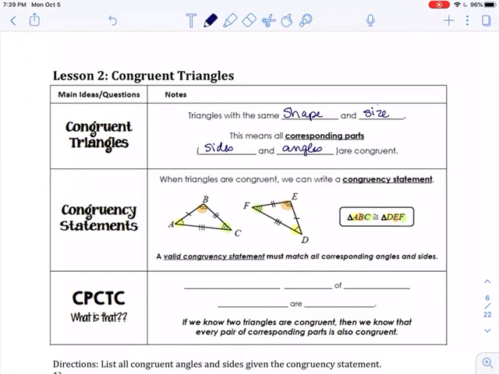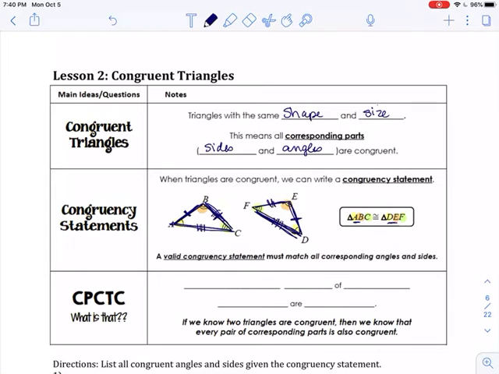So the order of the letters tells us which angles are congruent to which angles and also which sides are congruent to which sides. See how AB has one little dash through it? So does DE. AB is the first and second letter and DE is the first and second letter, so the order of those letters is important. BC has two little dash marks and is congruent to EF, and the last one, DF, has three and is congruent to AC.